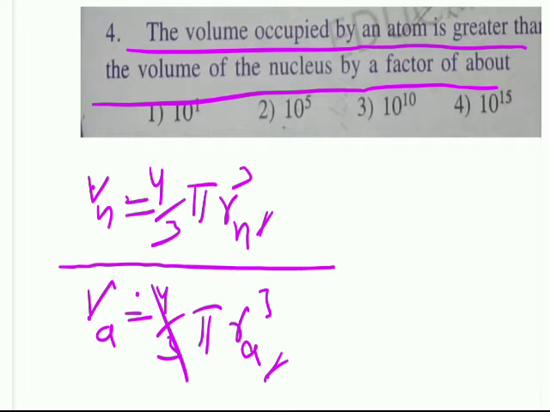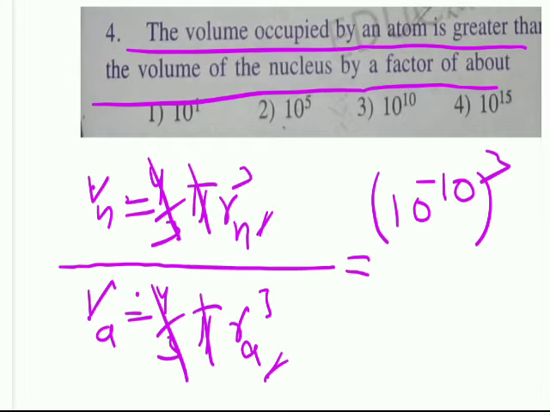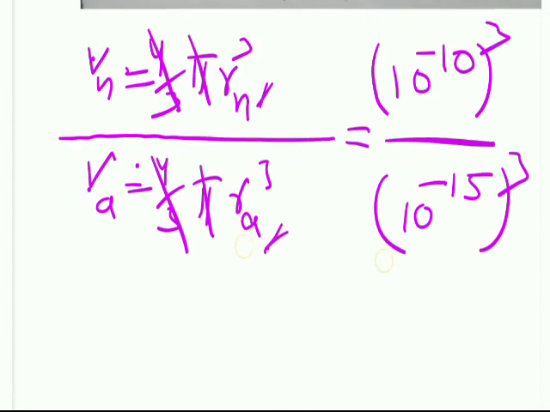So 4 by 3 cancels, pi also cancels, remaining: the atom radius 10 to the power of minus 10, all to the power of 3, and the nuclear radius 10 to the power of minus 15, all to the power of 3.